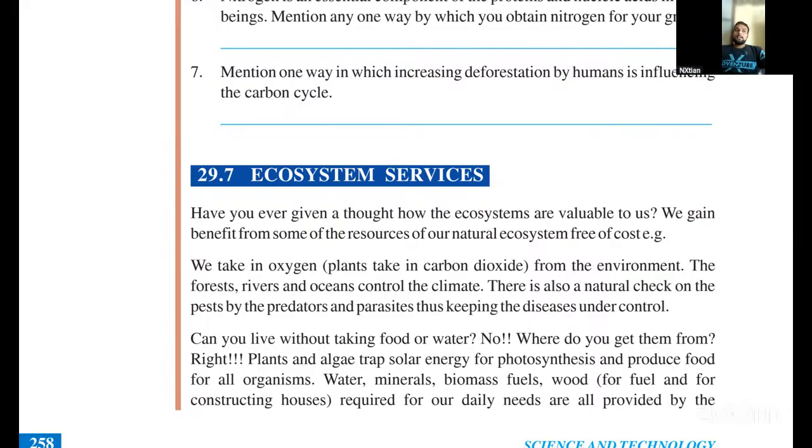So basically, the abiotic components of the environment coordinate with the biotic components. Basically it's called an ecosystem. Did you understand? Okay, so can you read this one, please?